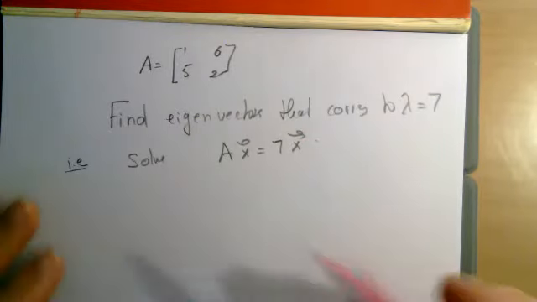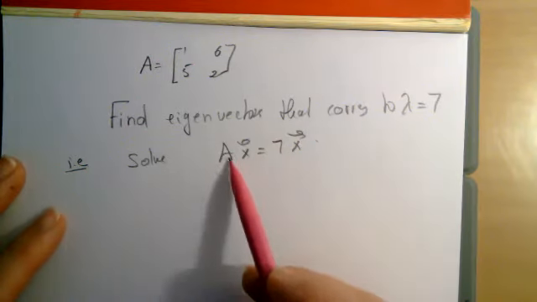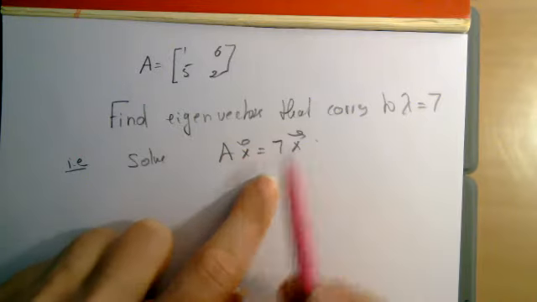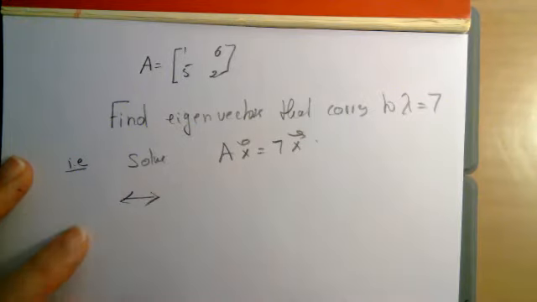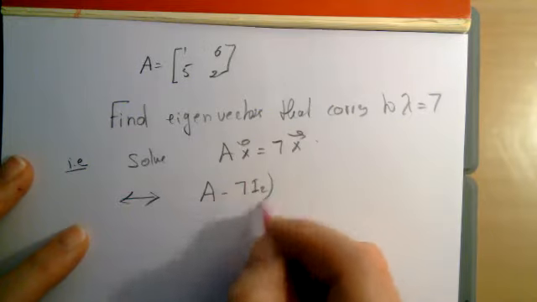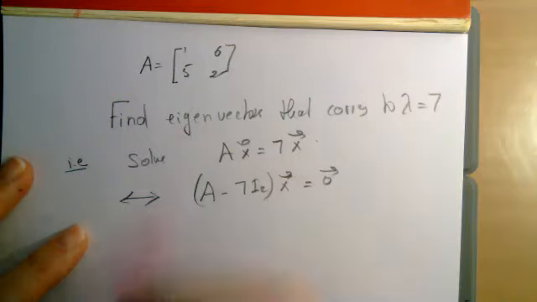All right, I'm not going to repeat what I did a minute ago, but again, solving AX equals 7X is problematic because I have the unknown here and the unknown here. So we're going to say that this is equivalent to solving the following homogeneous system.